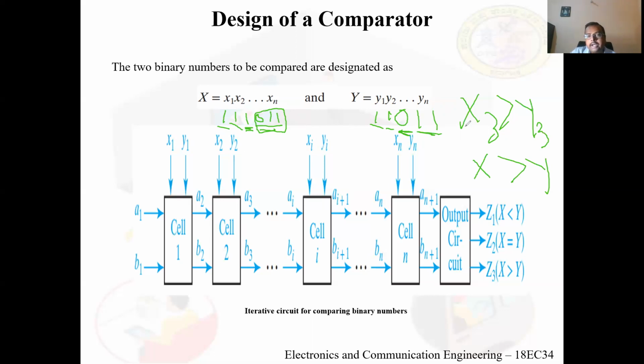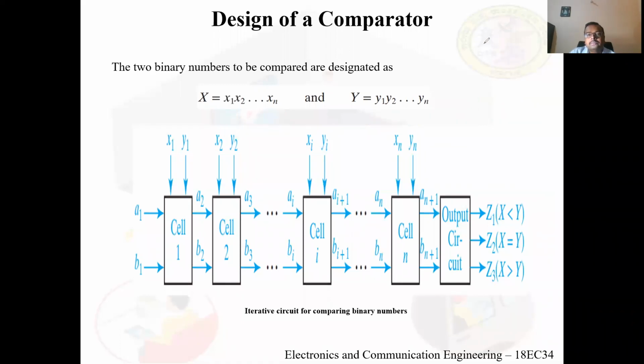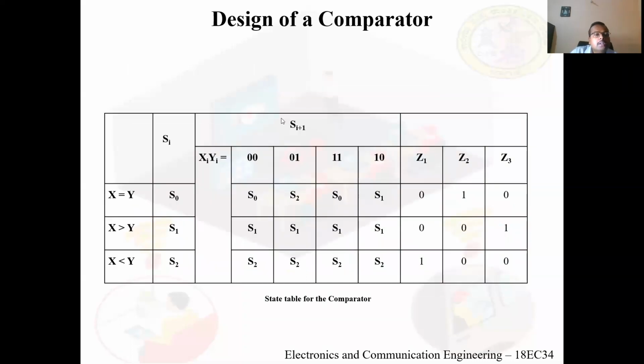Now with this understanding, we'll fill the state table for values of X and Y. Now we have here Si, the present state, is S0, and the inputs which we have, which are Xi and Yi, is 0 0. Now what is the next state when the present state is S0?